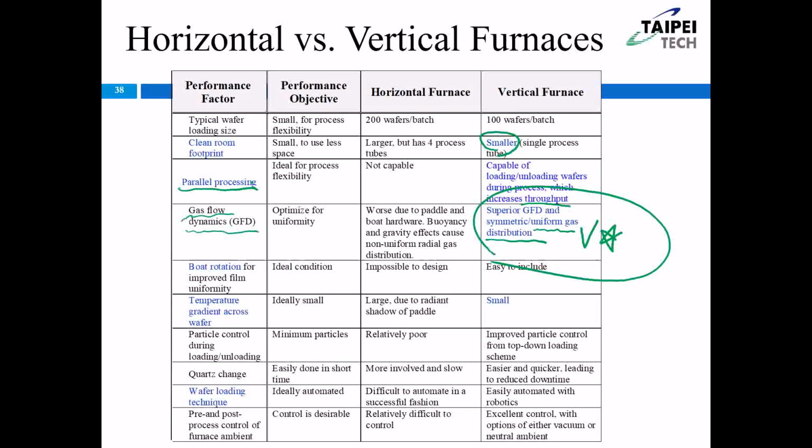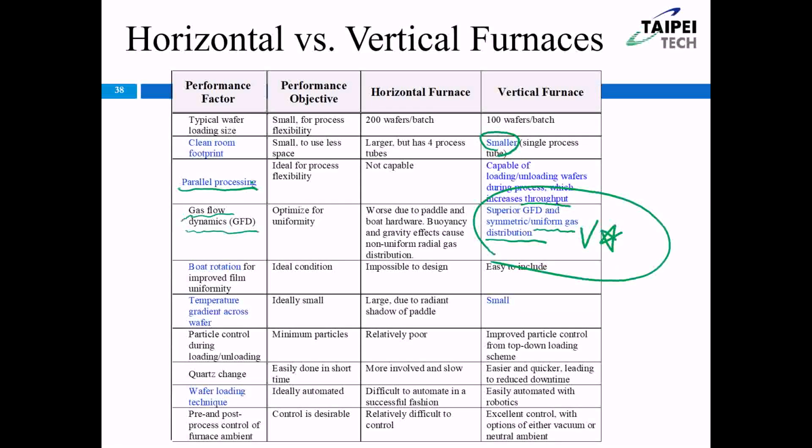So for example, I only memorized the vertical furnace, because this slide wants to highlight to you that the vertical furnace is better than the horizontal furnace. And why? I use the blue color to show you why the vertical furnace is better.